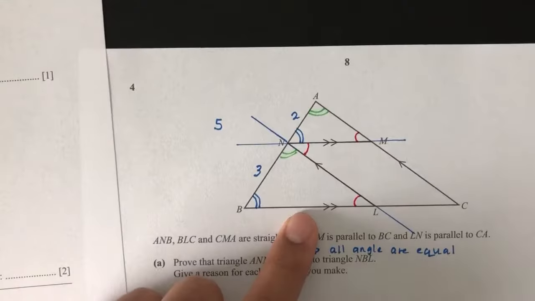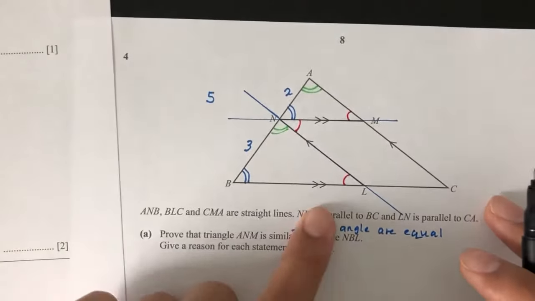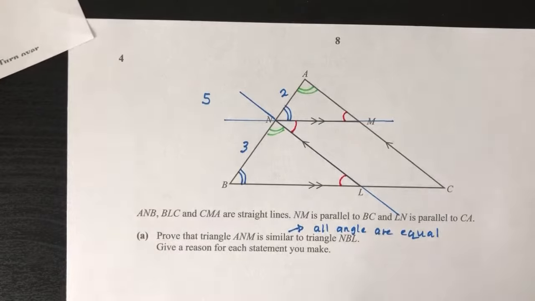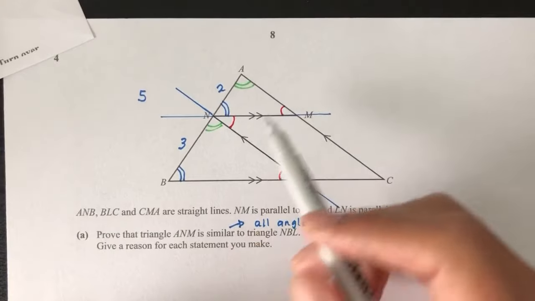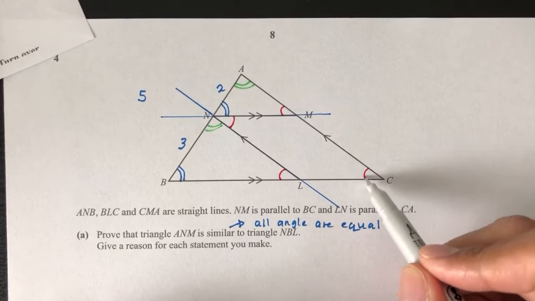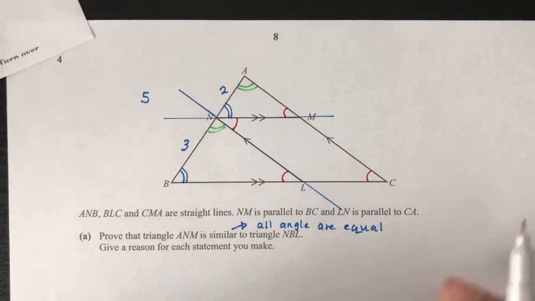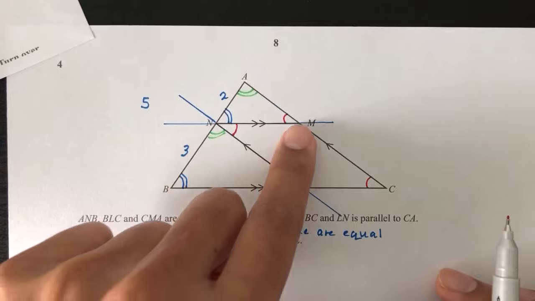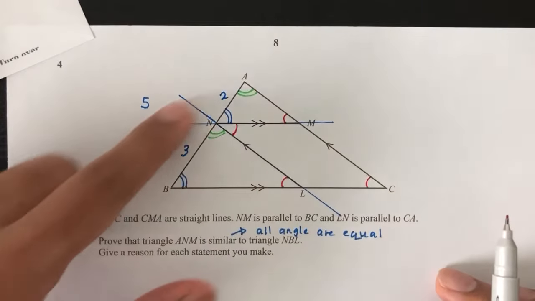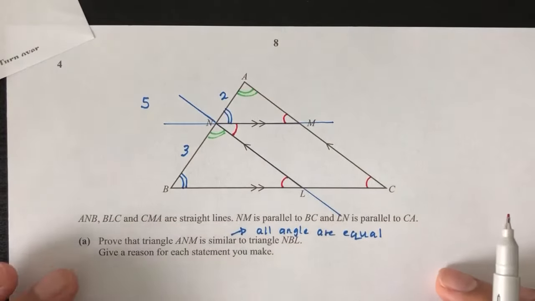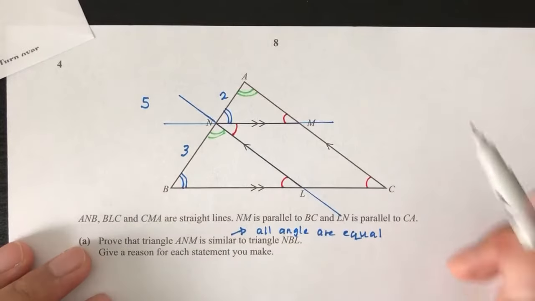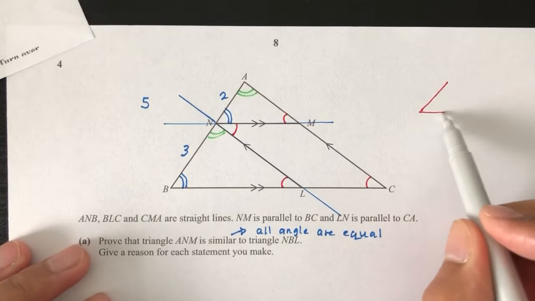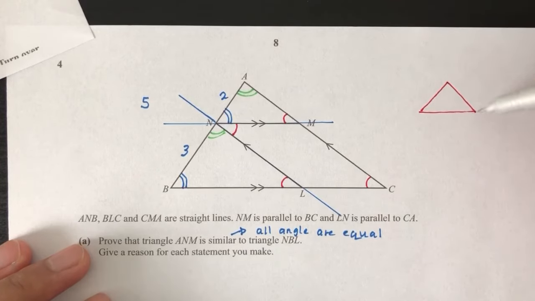I hope that makes sense. So I can also explain it that way. So since this is a parallelogram, this also will be this angle here. So we have to know that this small triangle here, ANM, is also similar to ABC. So now we are comparing sides. Let's draw this together. So we have AMN as this one.